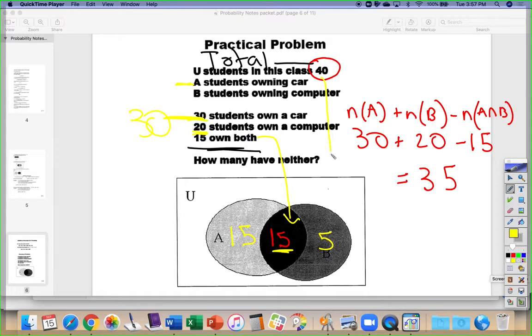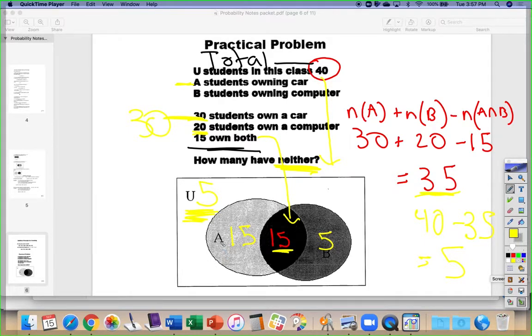And if my universe has 40, and 15, 15, and 5 are accounted for, that's a total of 35, well then 5 of them have neither. They don't fall into that category. And look at this. Using this complex formula that you don't really need would have totaled 35, and then 40 take away 35 would have left us with neither, and it's another way of getting 5.